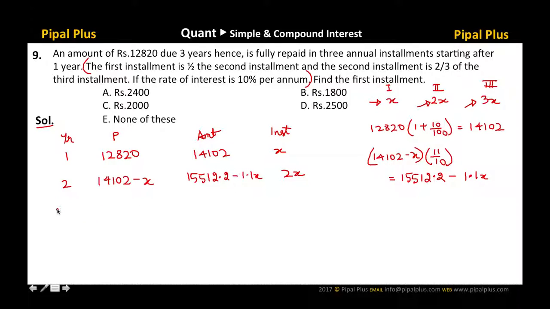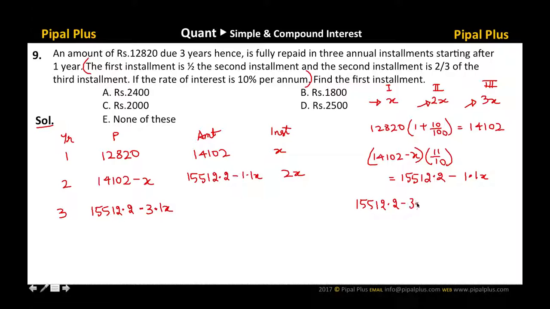Now the installment which is paid at the end of the second year is 2x. So the principal for the third year becomes 15512.2 minus 1.1x minus 2x, so we get 15512.2 minus 3.1x. The amount due here would clearly be this principal times 11 by 10 again.